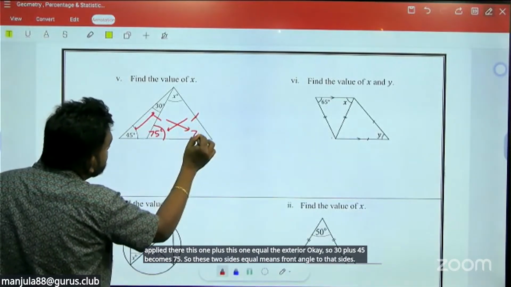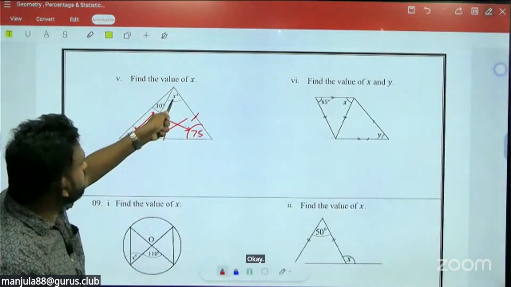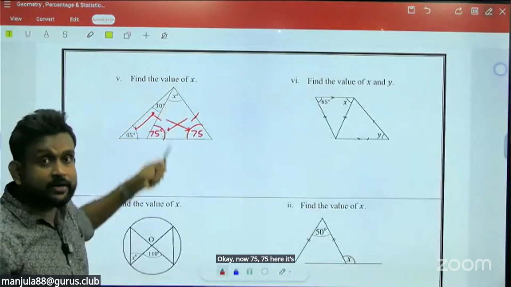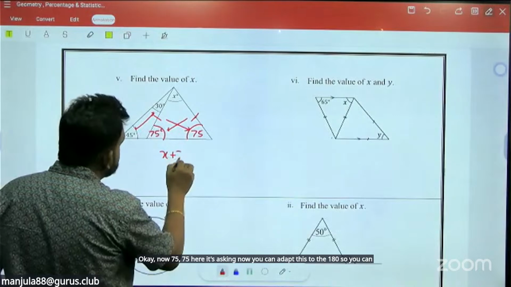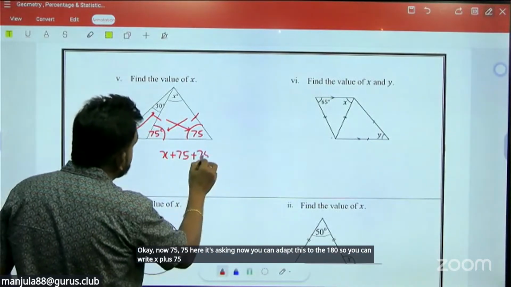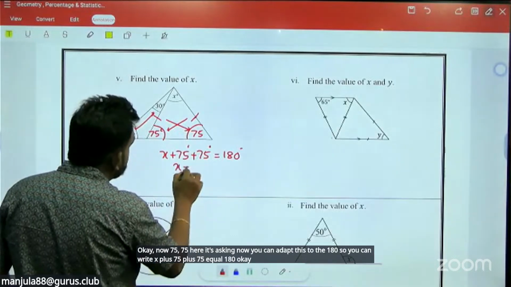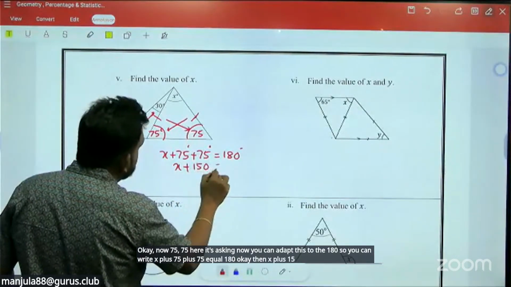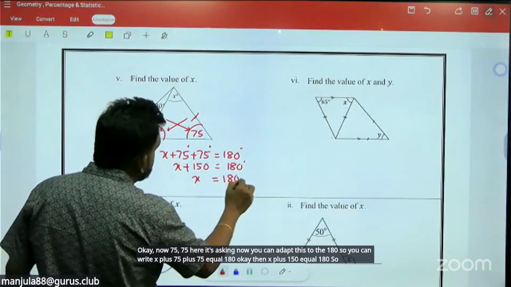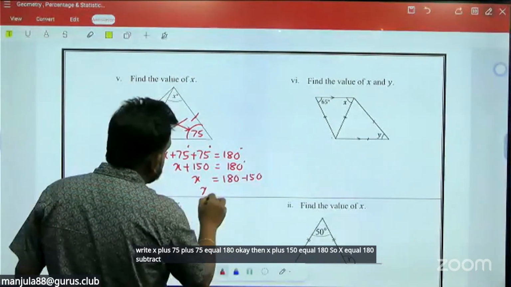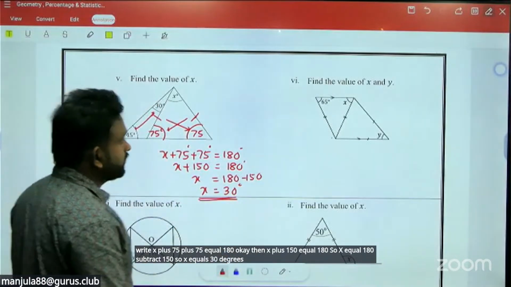So here becomes 75, 75. Now you can add up these to 180. So x plus 75 plus 75 equals 180. Then x plus 150 equals 180. So x equals 180 subtract 150, so x equals 30 degrees.